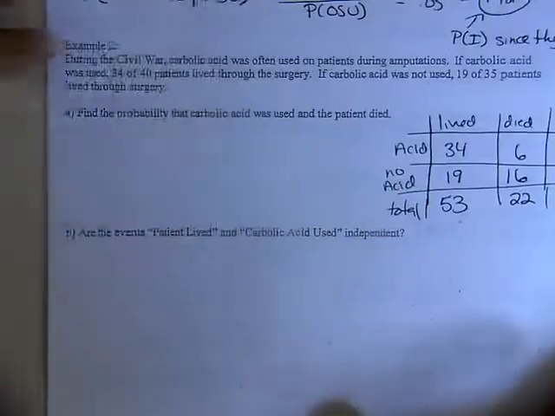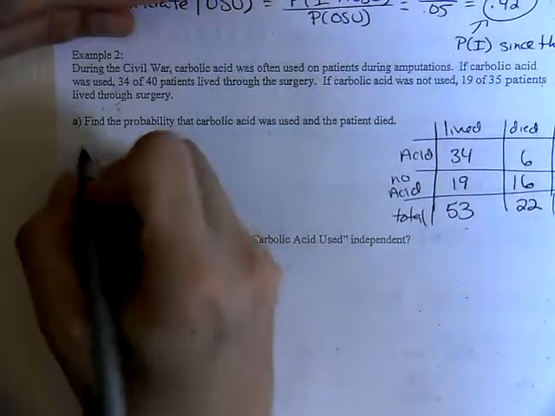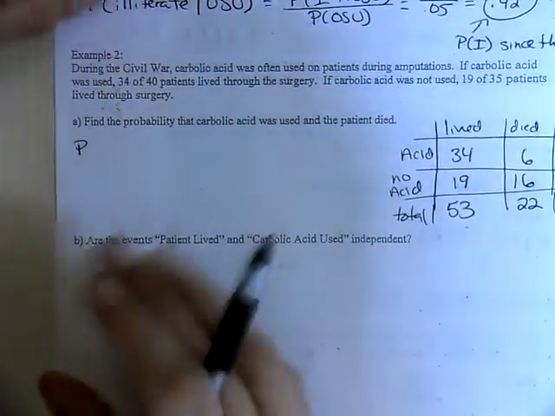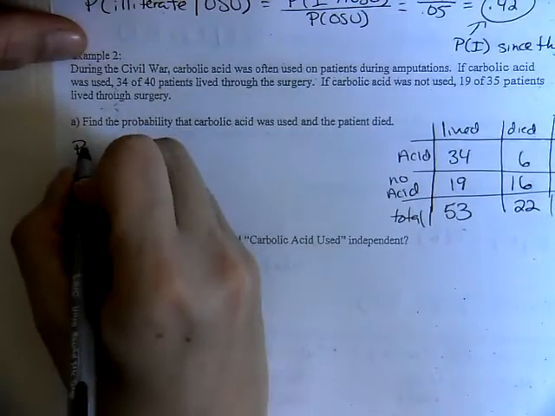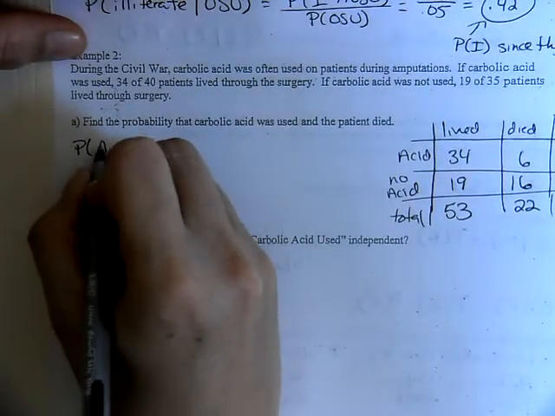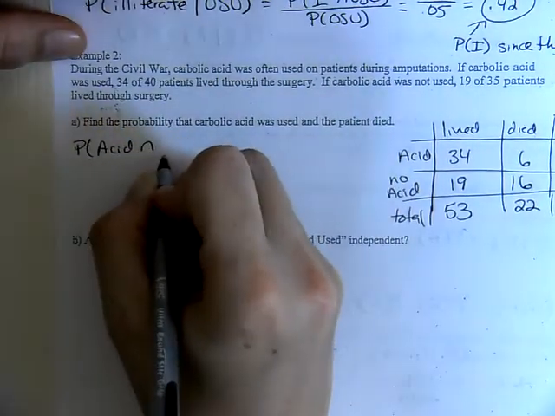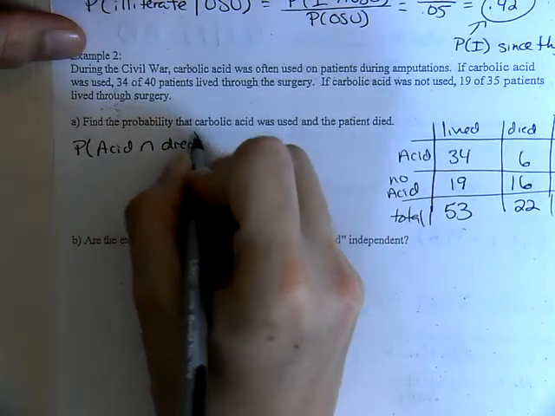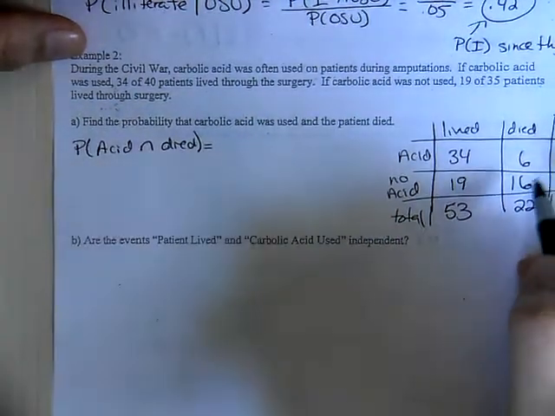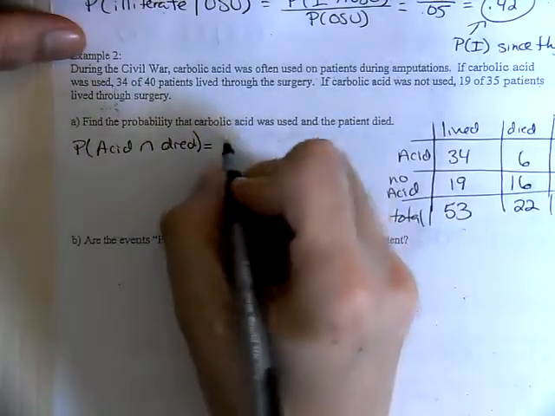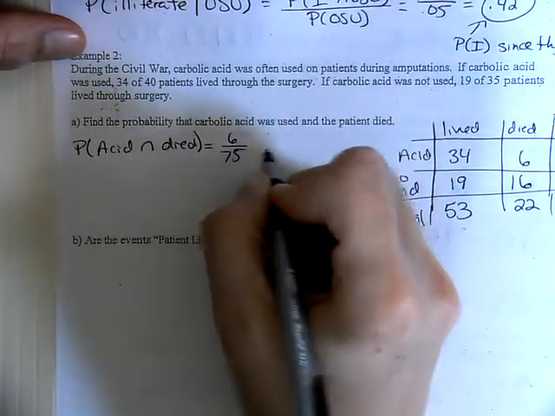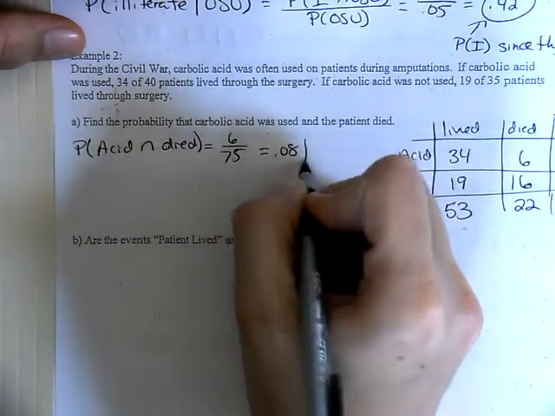Okay. So when I'm reading these problems, this is why I do my notation, because it kind of organizes my thoughts. So the probability that we used the acid and the patient died. So they used the carbolic acid and the patient died, so 6 out of 75 patients. So 0.08.